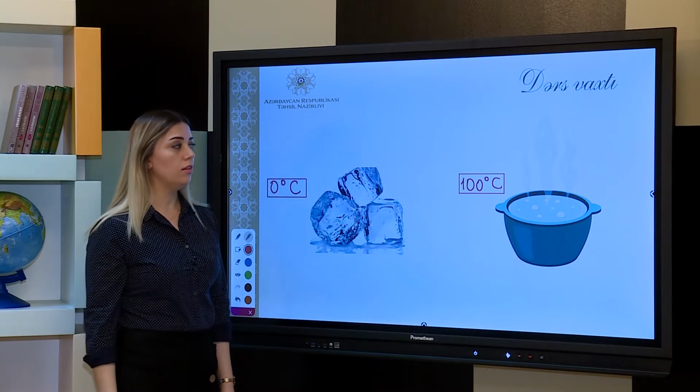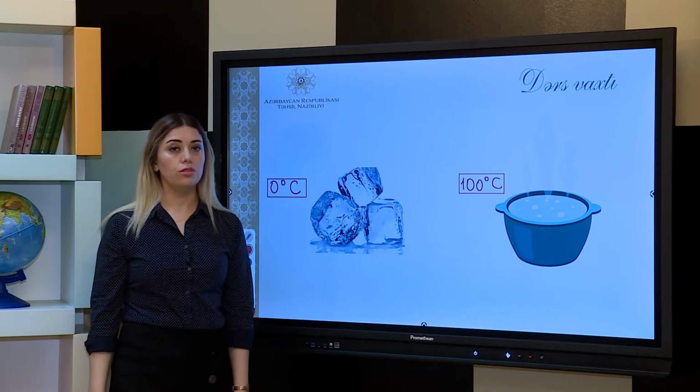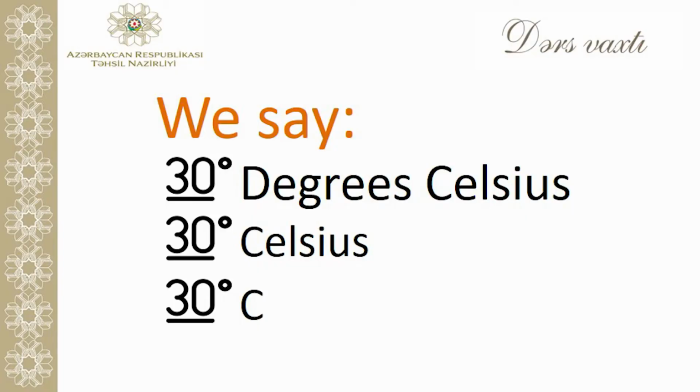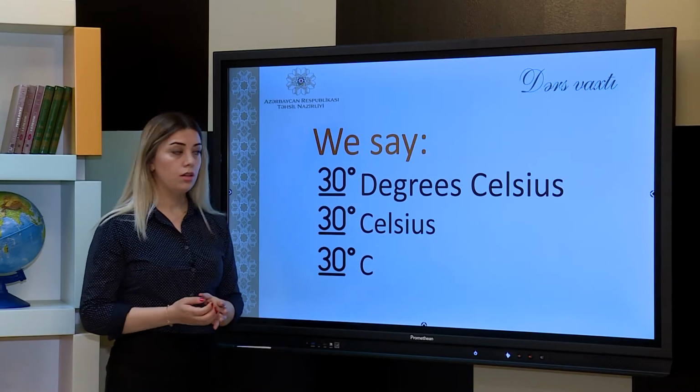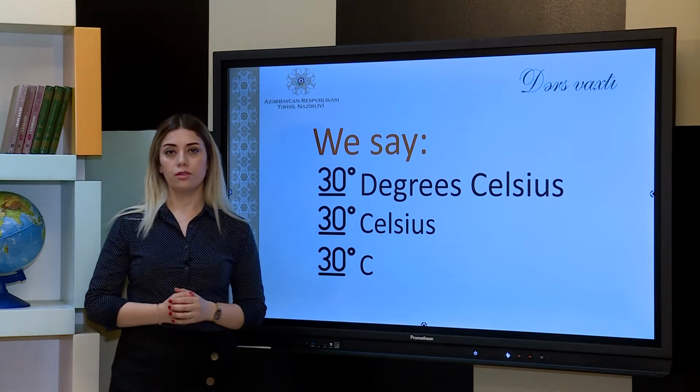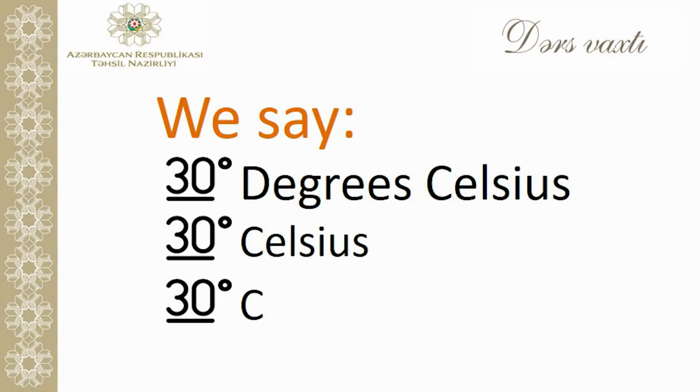And when it is 100 degrees Celsius, the water starts to boil. It is very hot. In English, in order to talk about temperature, you can say 30 degrees Celsius or 30 Celsius or just the number, just 30. Remember, we always capitalize the first letters in the word degree and Celsius. You see, capital C. Capital C must be used.